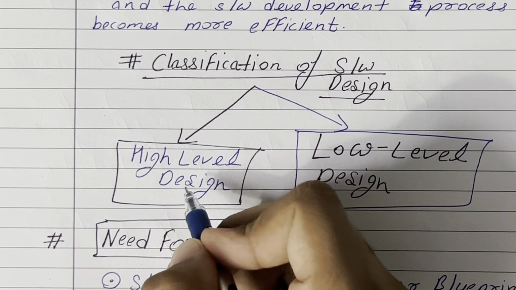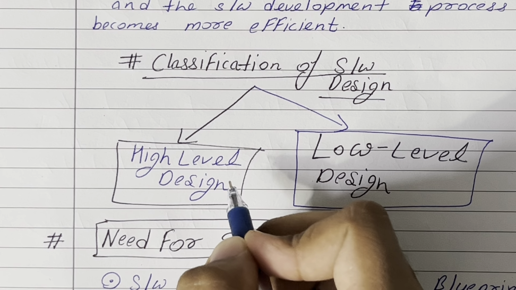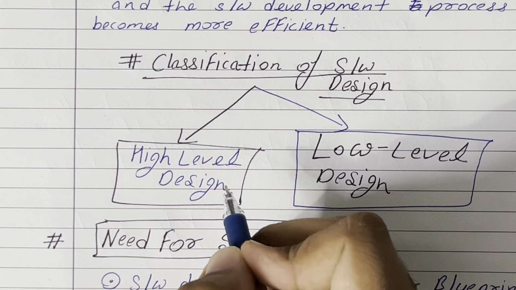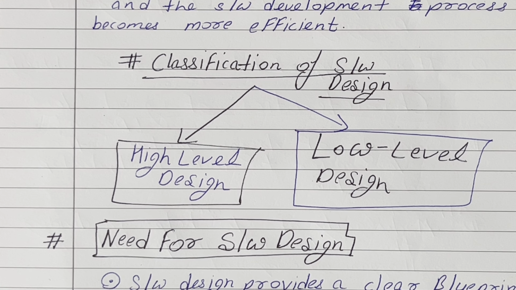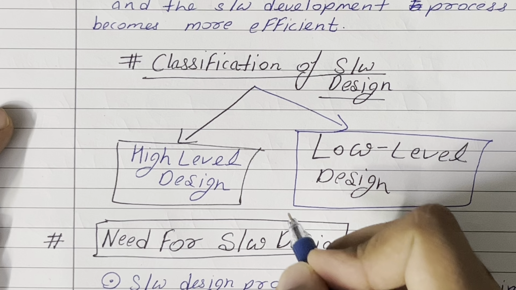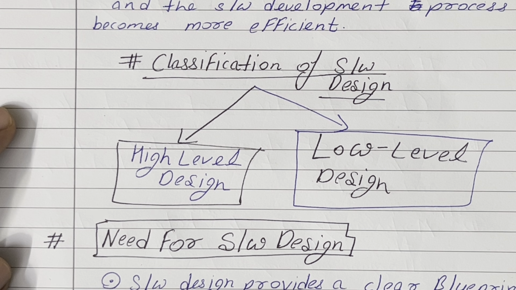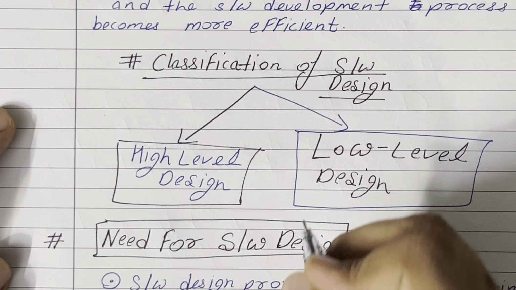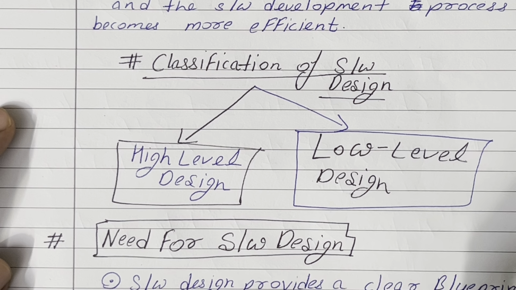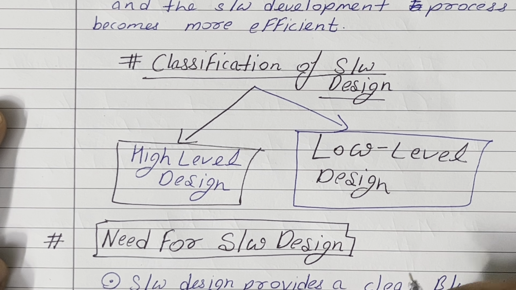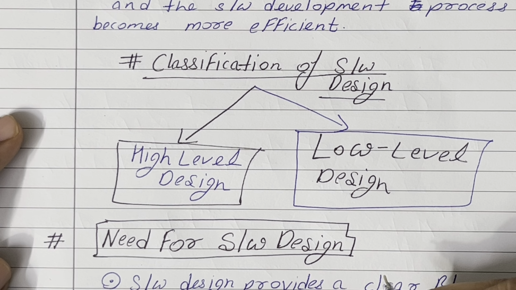So let's first talk about high level design. So guys, high level design is commonly known as HLD, and it is the first stage of the software design process, and it focuses on providing an overall view of the software system by describing its architecture, major modules, and the relationship among those modules.